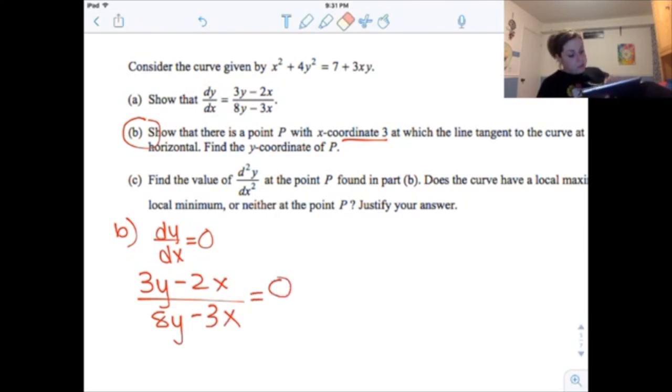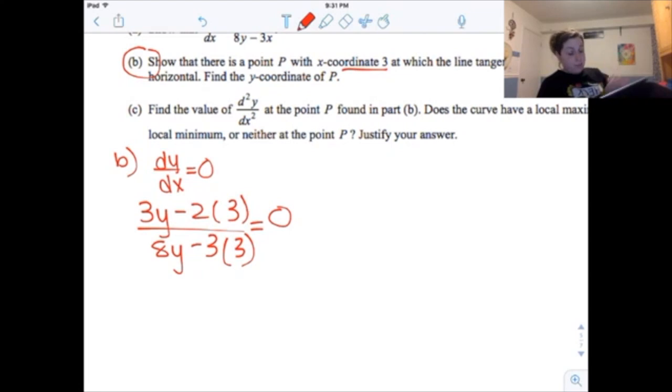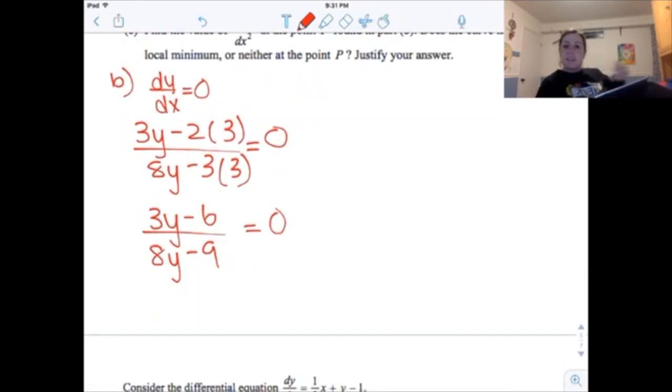And they tell me x coordinate of 3. And so I want to see what y comes out to be here. So this is 3y minus 6, this is 8y minus 9, equals 0. I only care about where the numerator equals 0 if my fraction comes out to be 0. So 3y equals 6, so y equals 2.